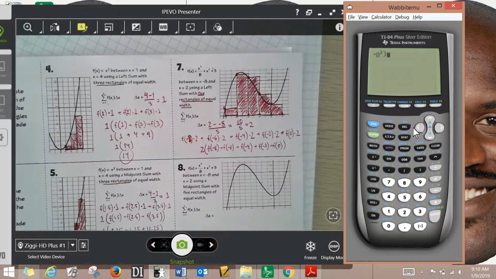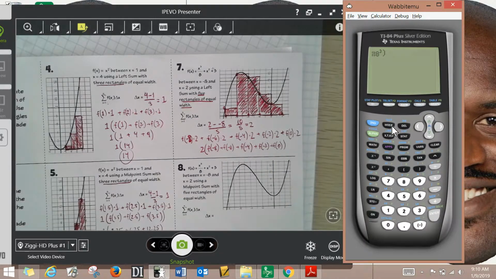I'm going to put that in parentheses, divided by 8, plus x squared, so that's negative 8 squared. Plus 3, I think.